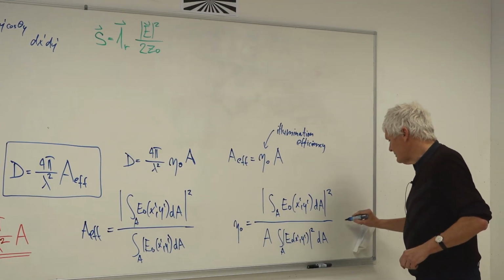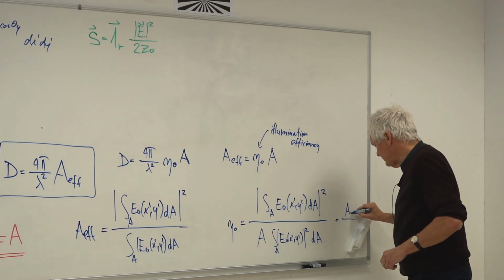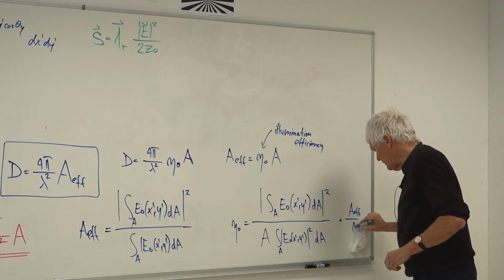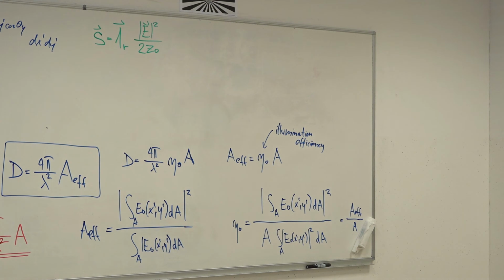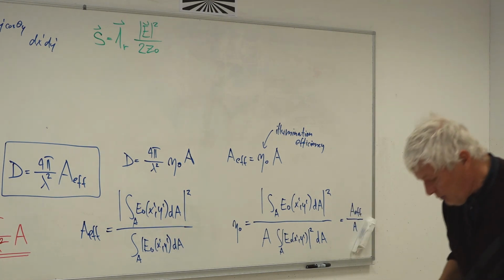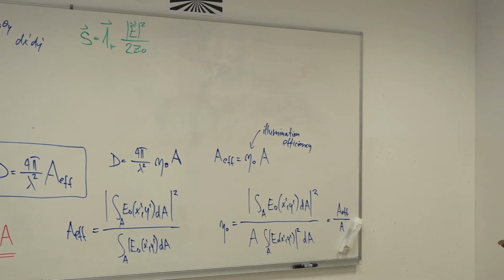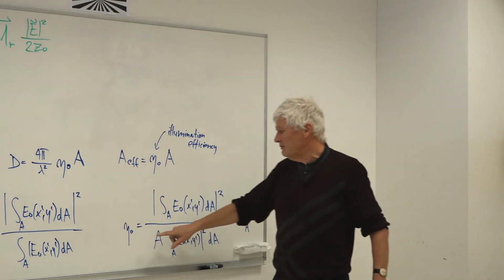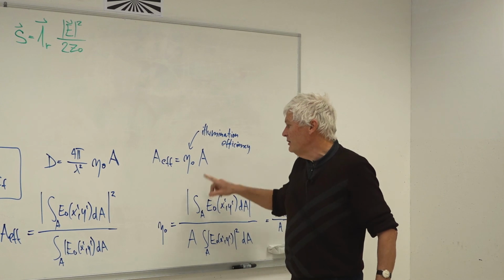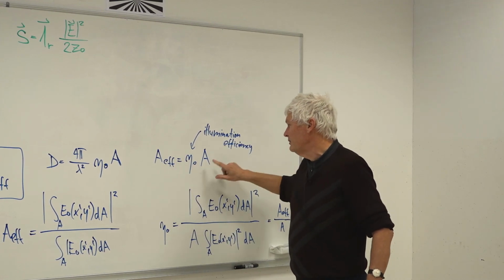Or in other words, this is the effective area over the real area of our aperture. We shall see next week what values this illumination efficiency can achieve, what values A effective can achieve with respect to A.